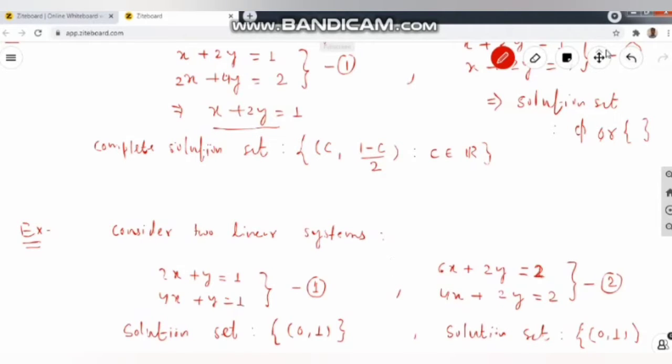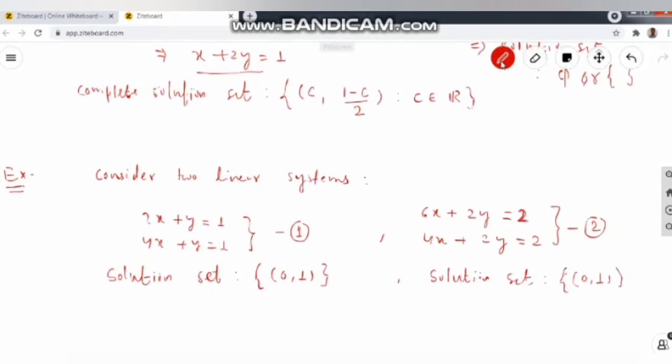So here system 1 and 2 are equivalent, because both have the same solution set.